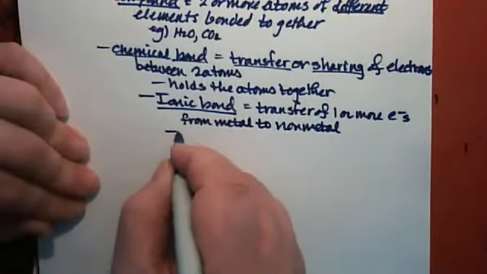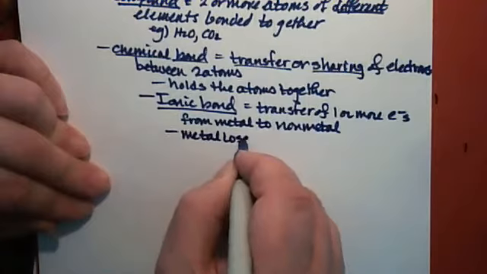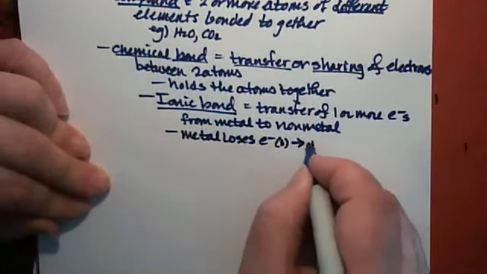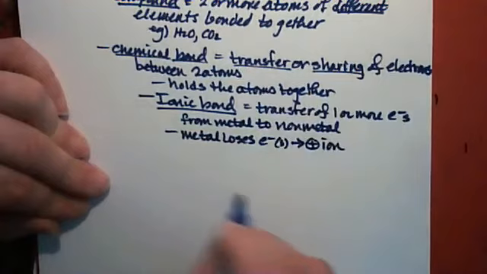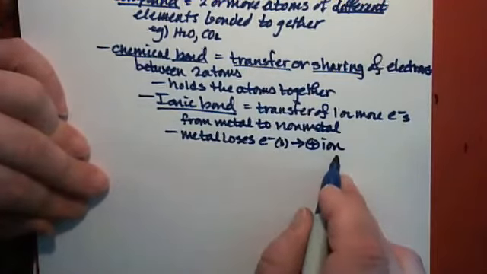And so what happens here is the metal loses one or more electrons to form a positively charged ion.